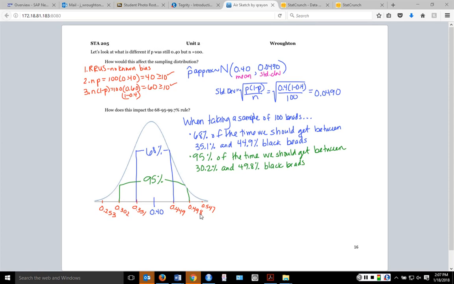And then finally, when we go out our third standard deviation, is our 99.7%. So then 99.7% of the time, we should get between 25.3% and 54.7% black beads.